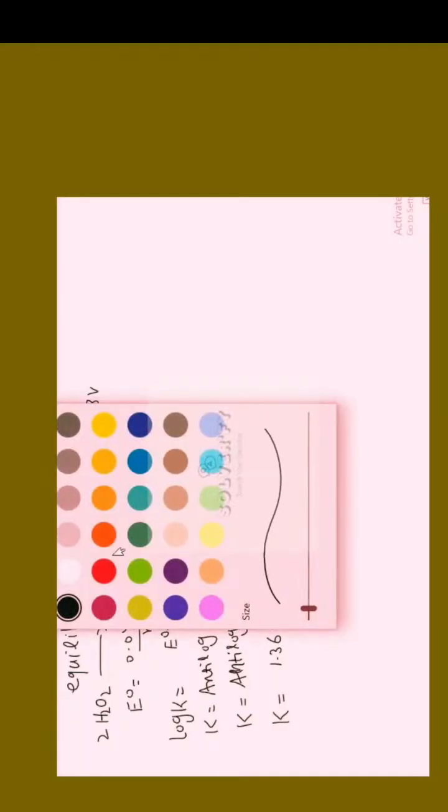Calculating this value, we get 60.13. Taking the antilog of 60.13, we get the value of K, which is 1.36 times 10 raised to the power 16. This is the required answer to the question.